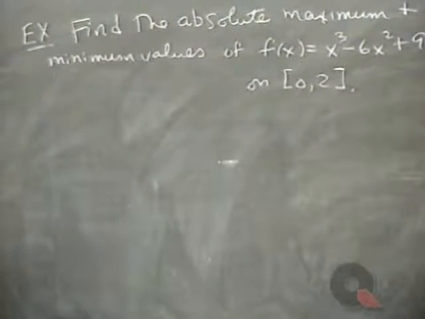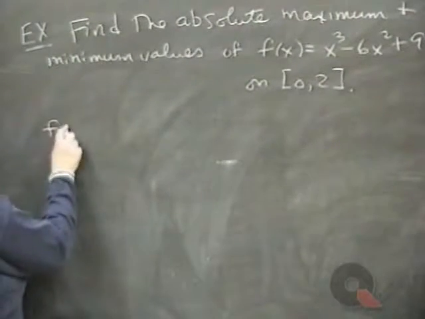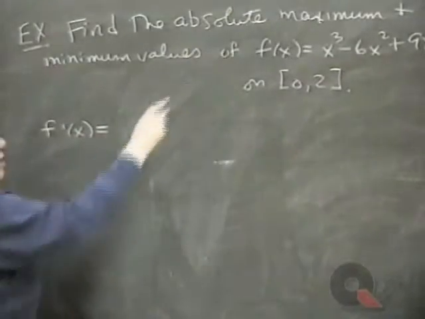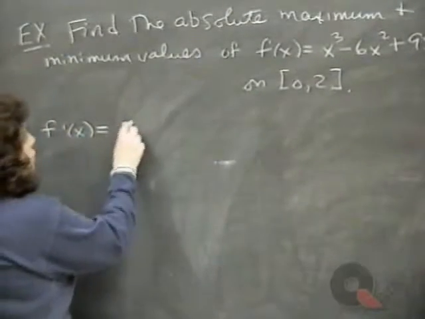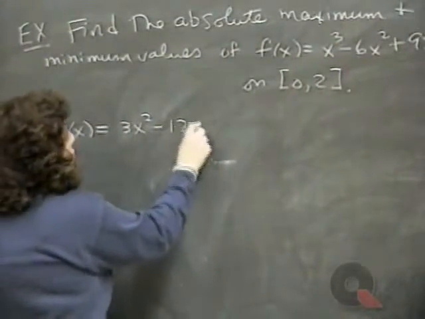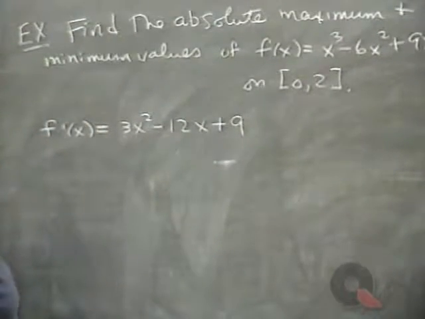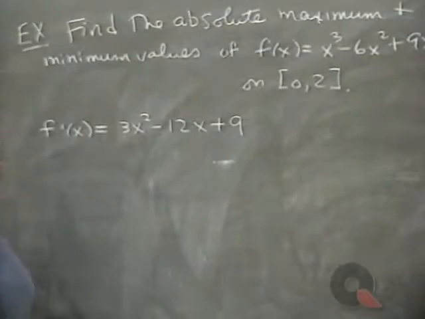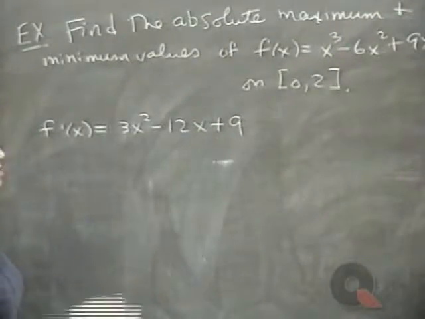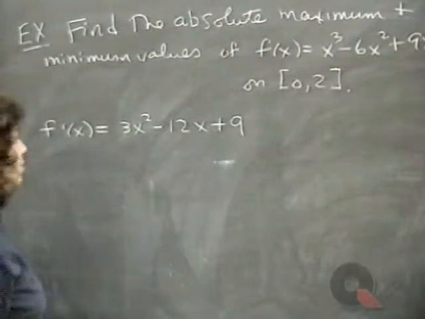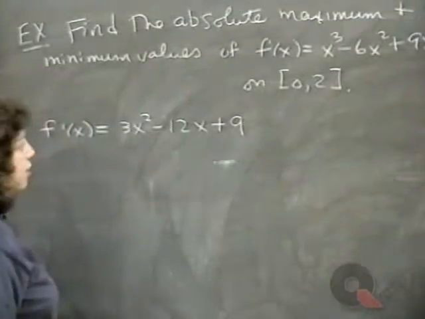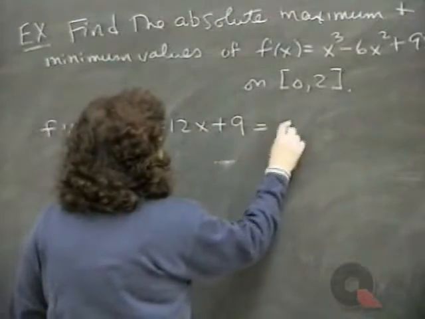If you remember the procedure, we take the derivative, 3x squared minus 12x plus 9, and we look for all critical numbers, all points in the domain of the function where the derivative is 0 or doesn't exist. It's a polynomial, so the derivative always exists, so it's just a matter of finding all the places where the derivative is 0.